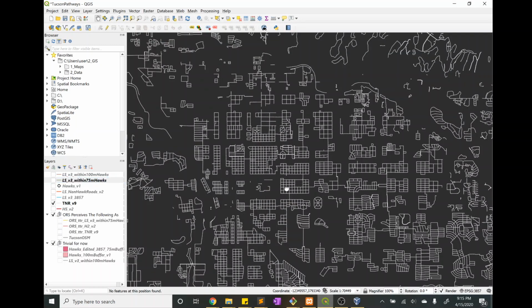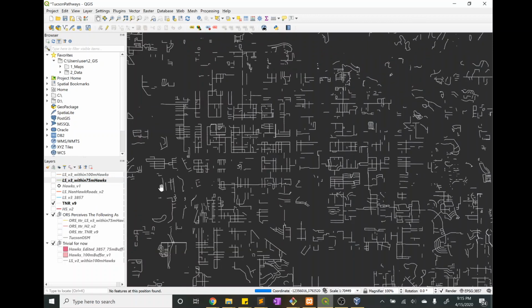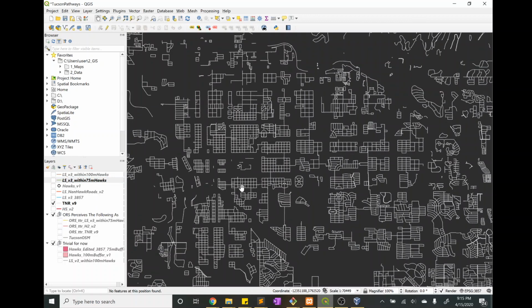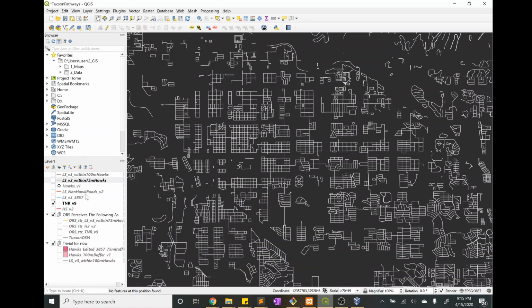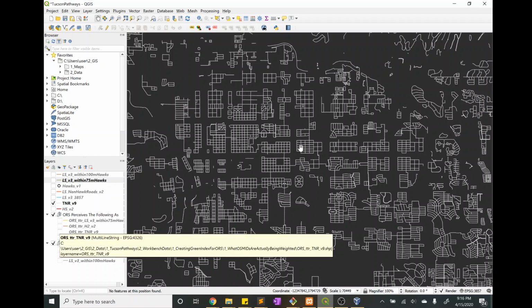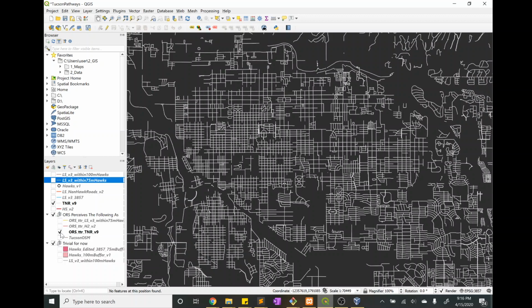So if I look at that data network here, of all of those roads, that's the same roads that we're looking at right here. Just in QGIS, what it actually thinks, if I input all of these OpenStreetMap IDs, what it thinks I want to weight is all of this.